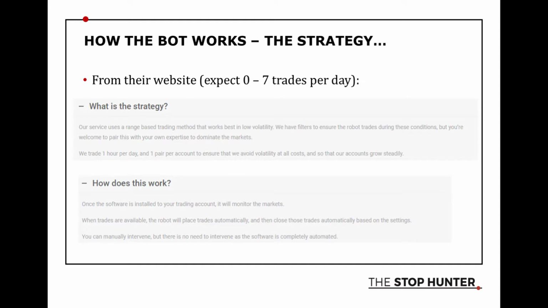You've got filters to make sure the robot's executing in the ideal conditions, and interestingly they only trade 1 hour per day rather than looking at the whole day, so I wonder why that is. We'll find out hopefully. And 1 pair per account, and that's all you seem to need to grow to the potential returns that they suggest.